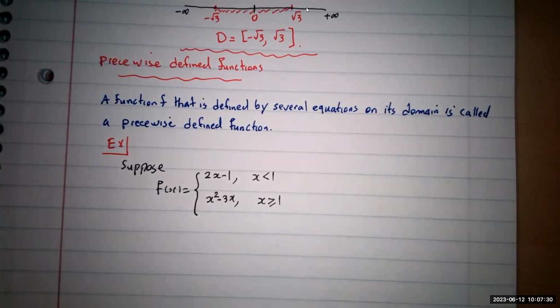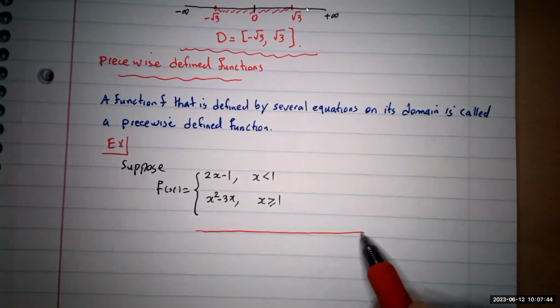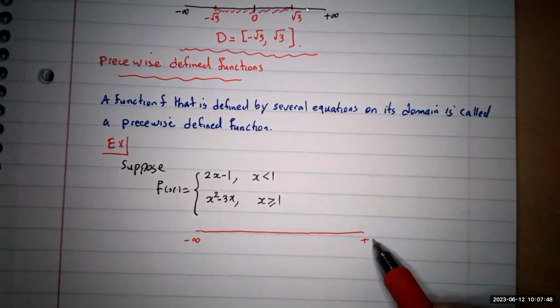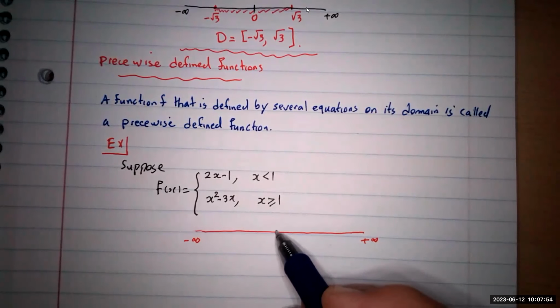You see this function is partitioned at 1. We divide it into 2 parts. Okay, so if you want to think about it, the situation we're going to have is this one. You see, this is the natural domain, negative infinity to positive infinity. So what we did, we partitioned it at 1. So this is going to be 1.